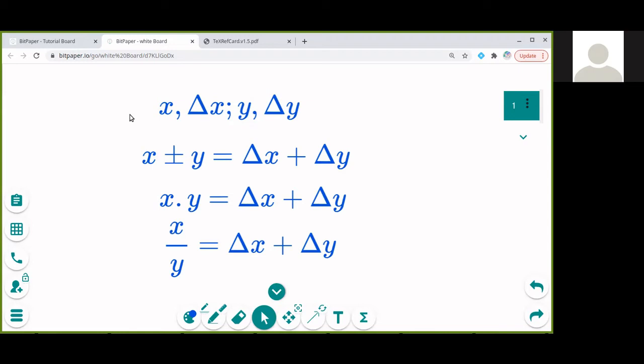So, for example, in measuring the volume of a sphere, the uncertainty in radius is 1%. What is the uncertainty in the volume of the sphere?